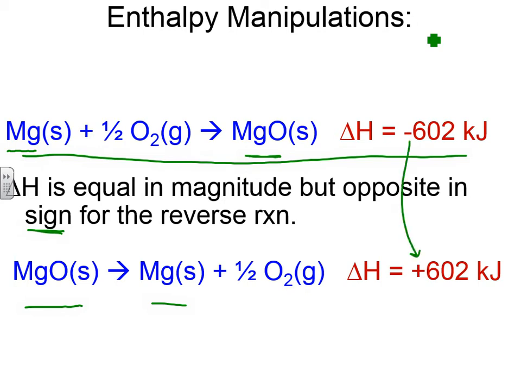Now what this means is if you combine magnesium with oxygen, it'll release 602 kilojoules. So if you want to split the magnesium oxide back into magnesium and oxygen, you've got to put in that same amount of heat. So in this case, the reaction is reversible, and the delta H has the same magnitude.